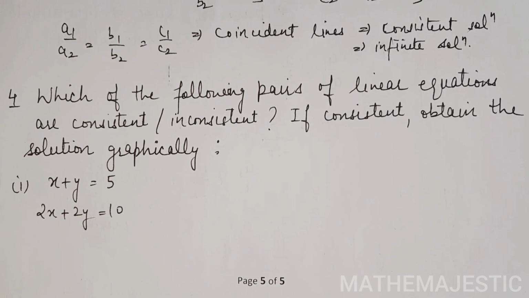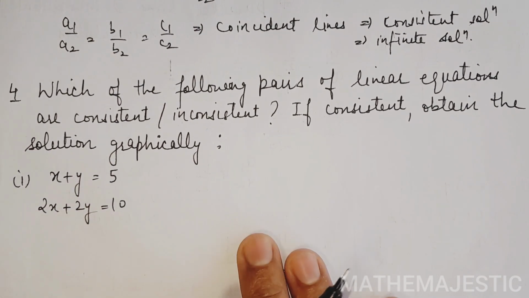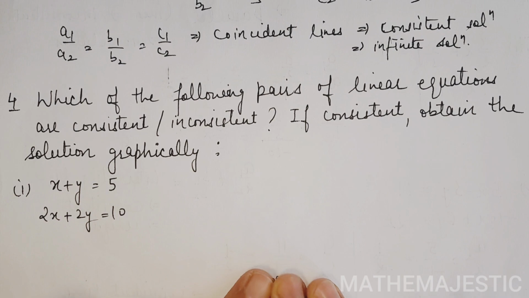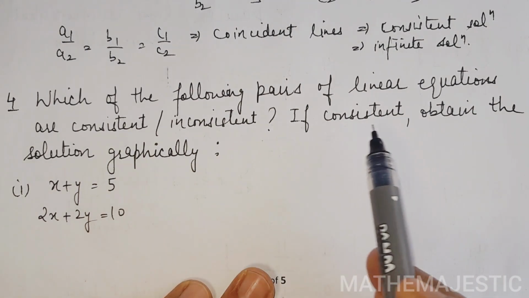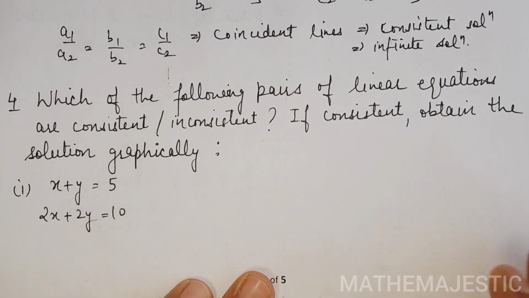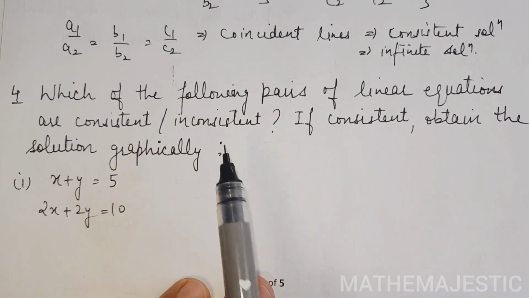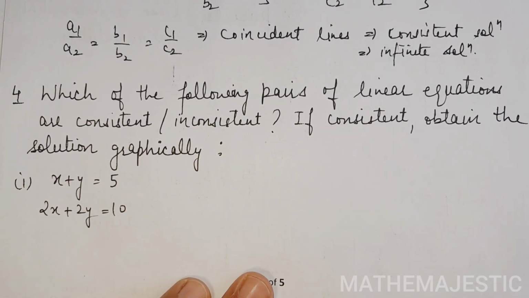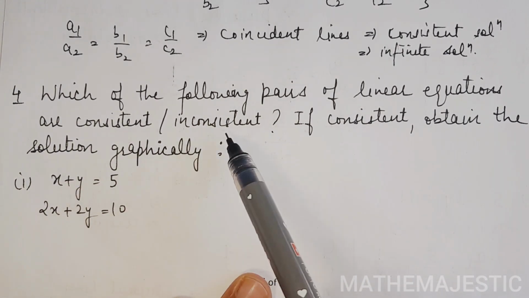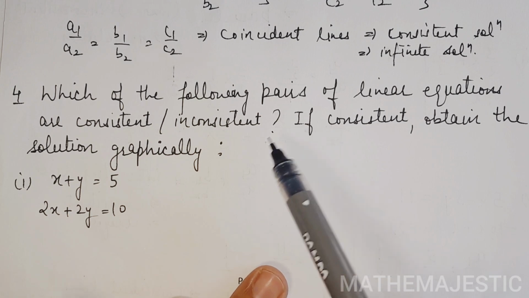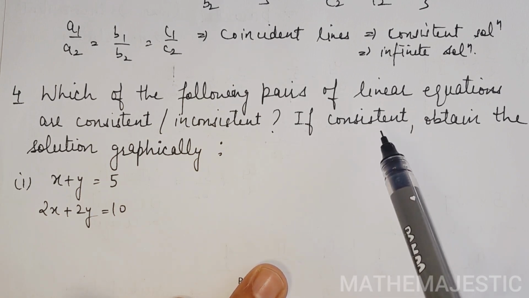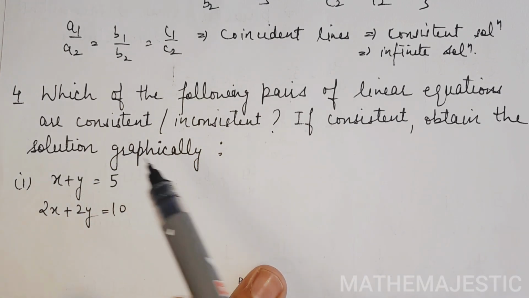Now we will move towards question number 4. Question number 4 is: which of the following pairs of linear equations are consistent or inconsistent? First we will find out, similarly like question 3, whether the system of equations is consistent or inconsistent, and if consistent, obtain the solution graphically.